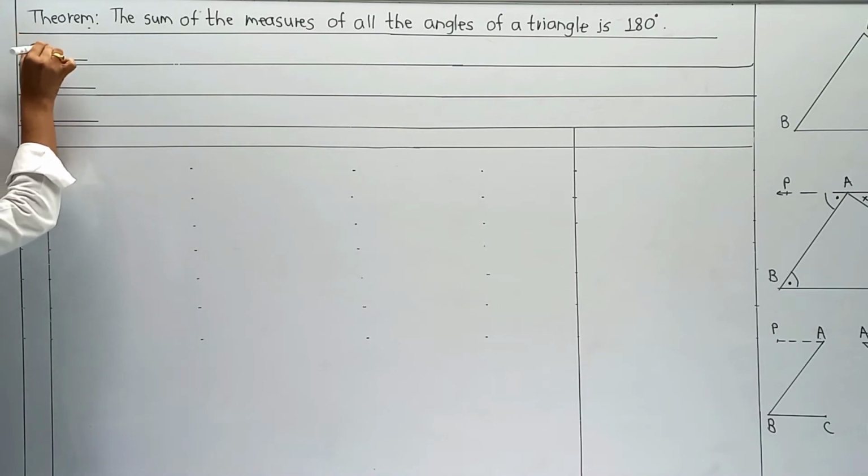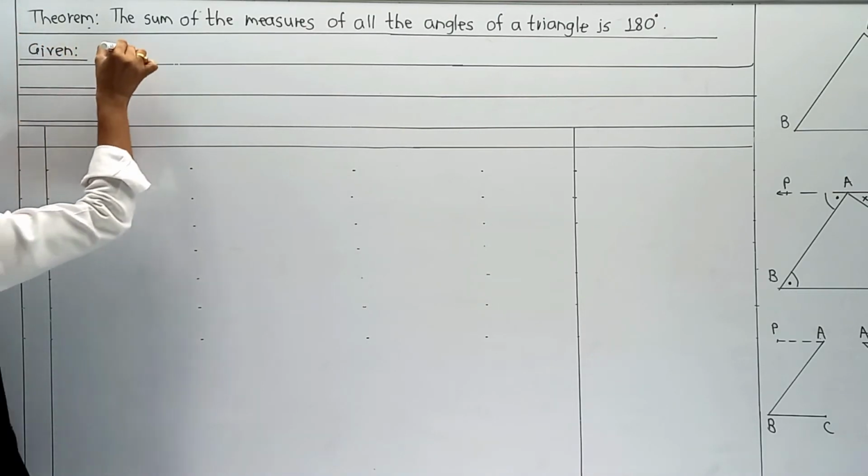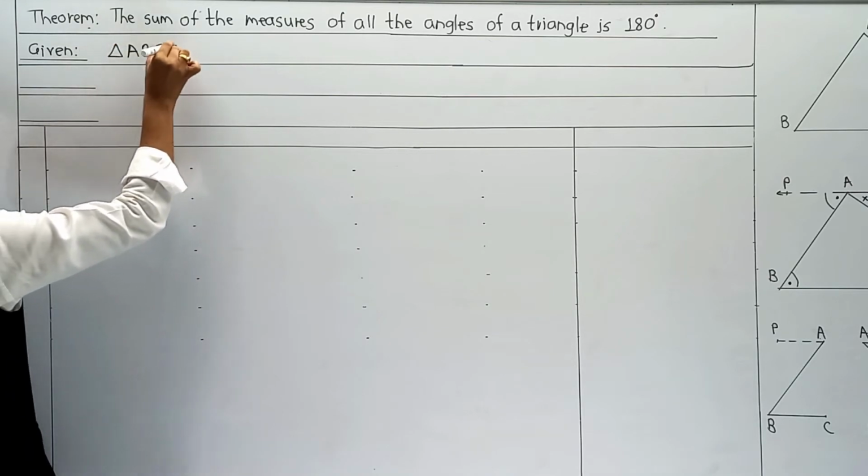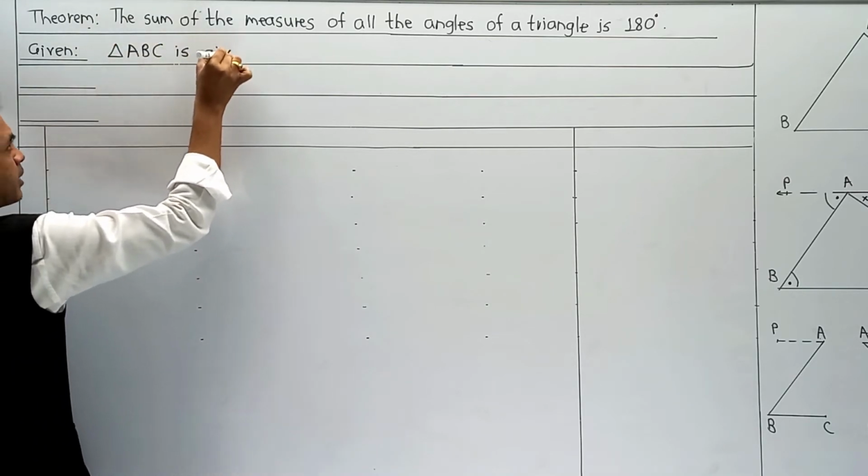First we have the given. Triangle ABC is the given triangle.